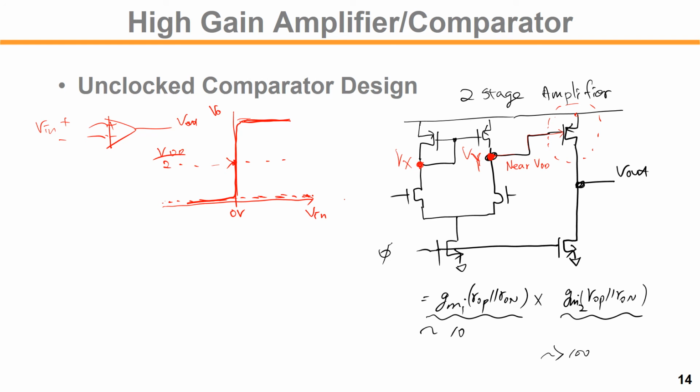Okay, if you are using a two-stage amplifier with some Miller compensation here, that's going to be another way of designing an amplifier in a feedback analog loop. You can use that compensation, but without it, you can use this structure for the comparator.